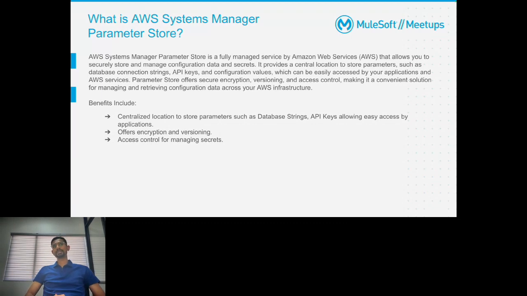It's a centralized location, and it offers encryption and versioning as well. Let's say we update the parameter value, and at some point we might have to go back to a certain stage. We want to check who updated it. All of that versioning is maintained in Parameter Store.